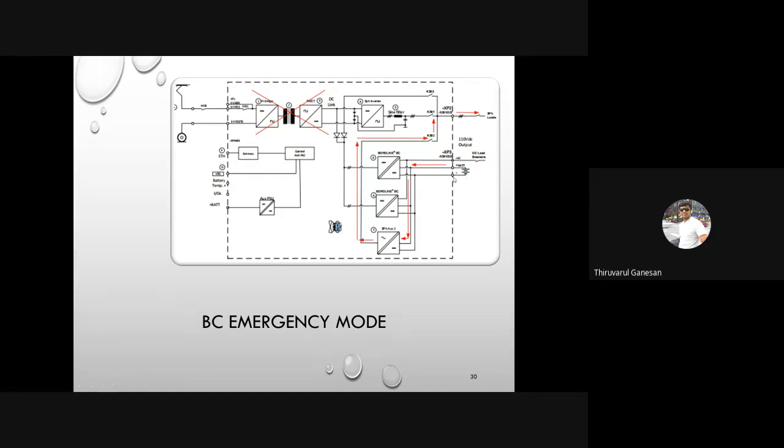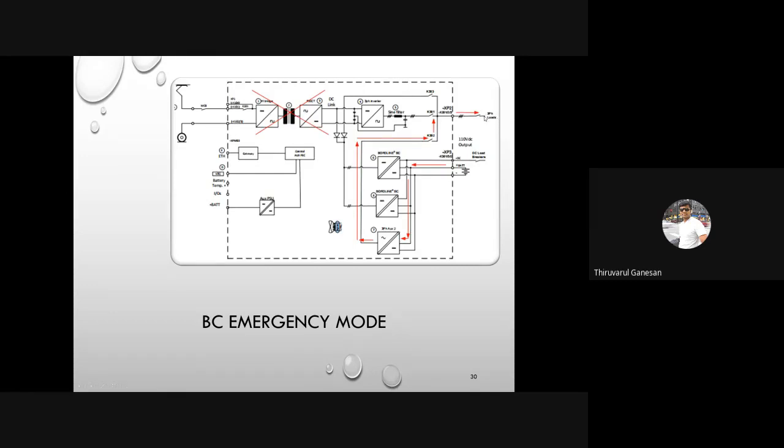So during that situation, the failure mode or emergency mode, some of the important auxiliary loads will be supplied from the 110 volt DC, the battery voltage. It will be converted by the emergency inverter, and it will feed most of the emergency ventilation system. For example, the AC definitely won't work. It needs more power rating, so it will run only the ventilation system.